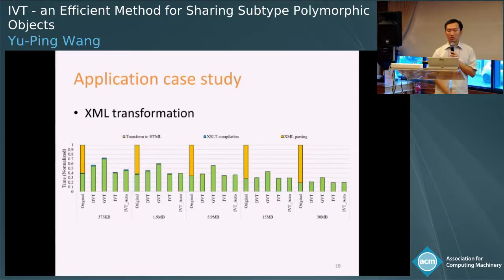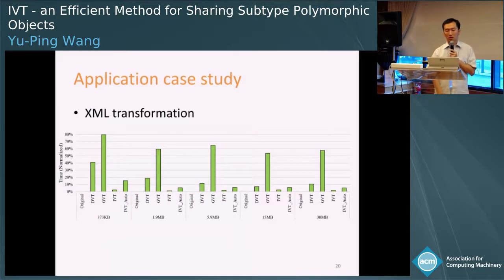As a result, the XML parsing procedure is omitted when using our technique. If we focus on the first part, the transformation to HTML, we'll see better that our IVT technique introduces less overhead than previous techniques.